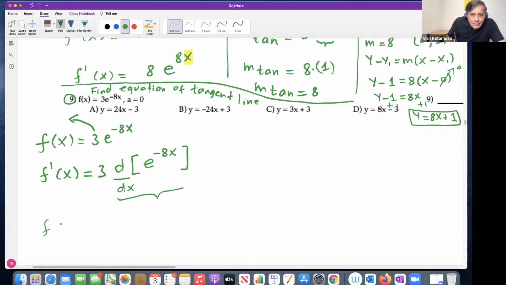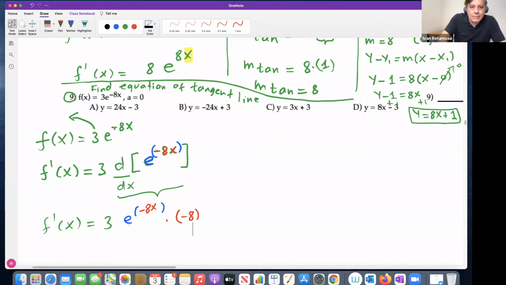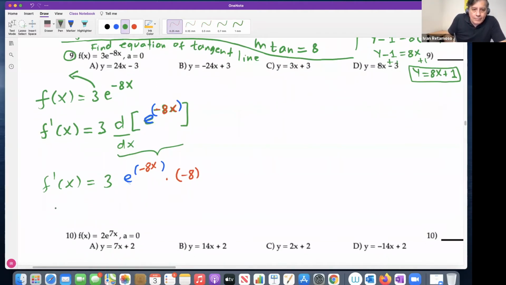Well, if you consider e raised to something as your outside function, and minus 8x as your inside function, the derivative is the outside function itself, e raised to minus 8x, times the derivative of minus 8x, which is just negative 8.